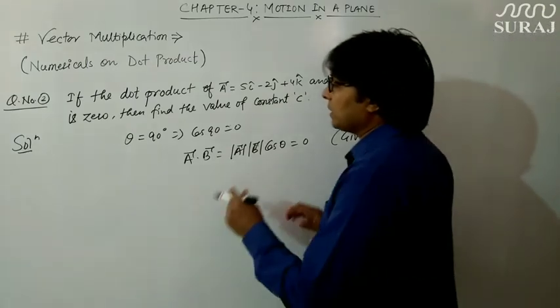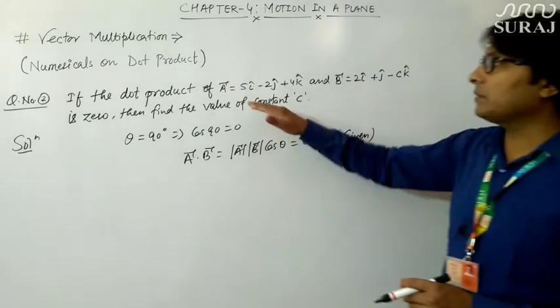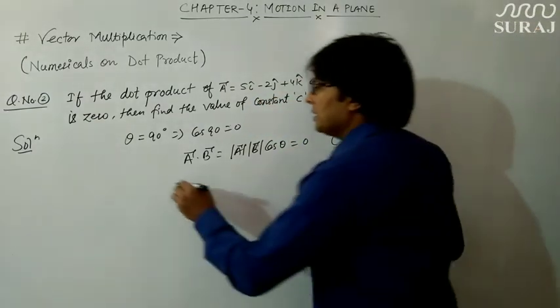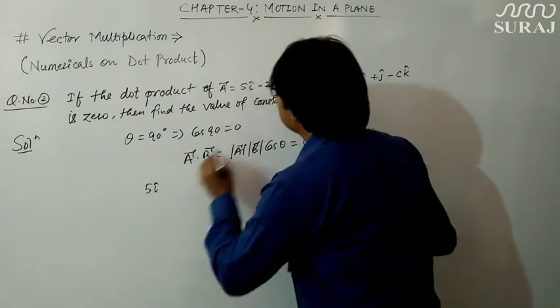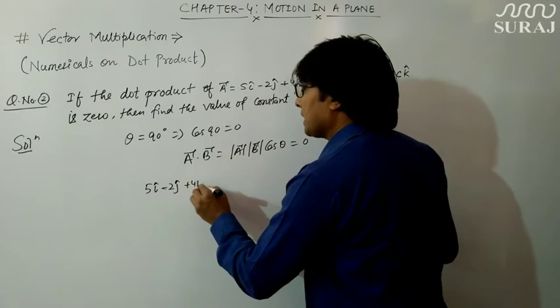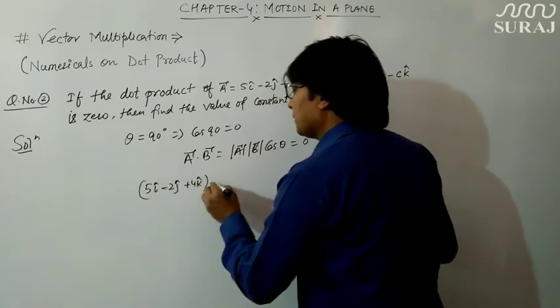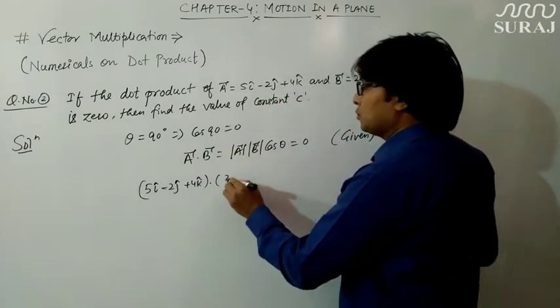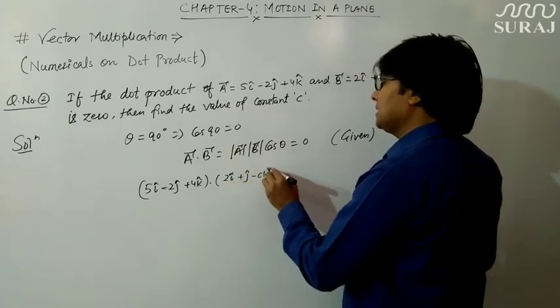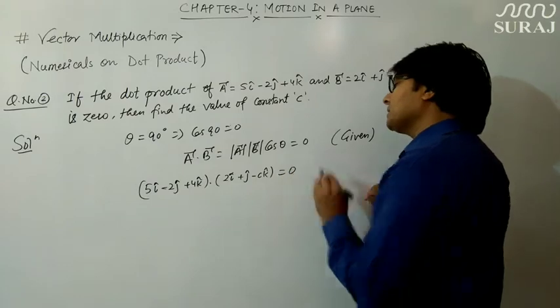So how we can calculate the dot product when we have been given the vectors in terms of i cap, j cap and k cap? So you will say 5 i cap minus 2 j cap plus 4 k cap dot product with 2 i cap plus j cap minus c k cap, and this has been given as 0.